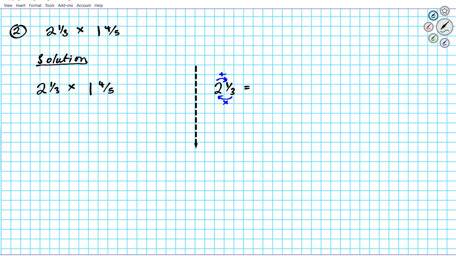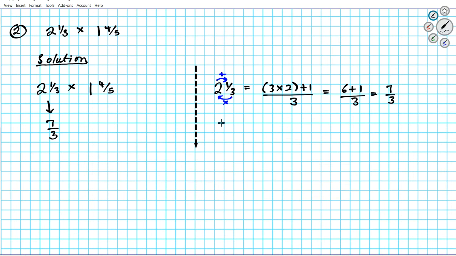So that's 3 times 2 plus 1, divided by the denominator, which is 3. Simplify that. 3 times 2 is 6, plus 1 over 3. That's 7/3. So 2 1/3 in improper fraction form is 7/3.